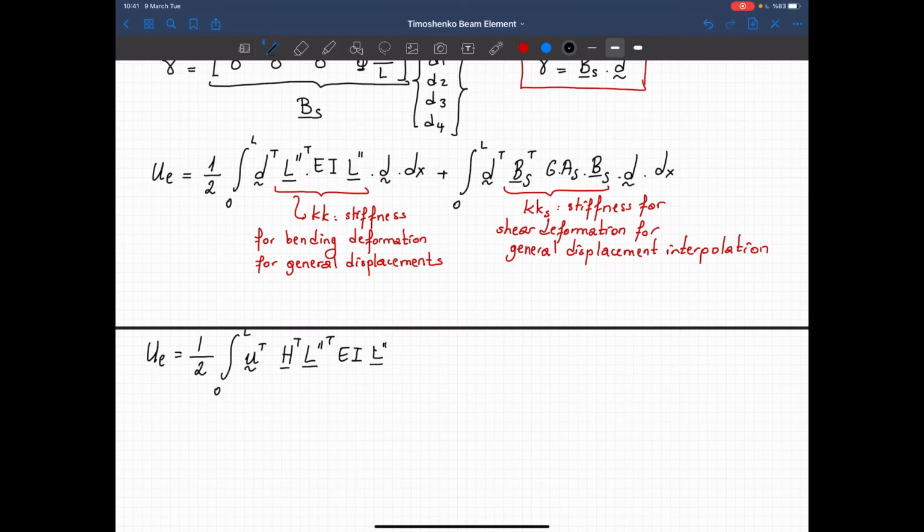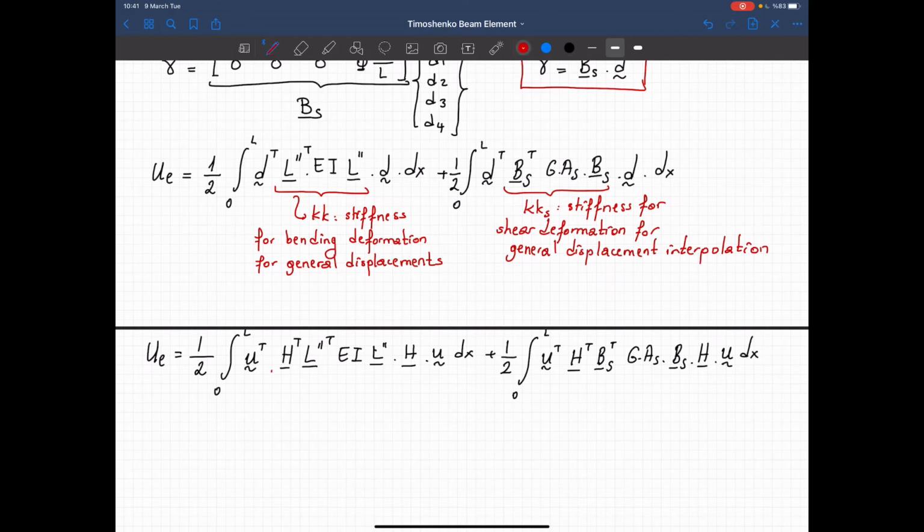Again L double dot multiplied by H times U dx plus, forgot to write 1 over here, 1 over 2 from 0 to L U transpose H transpose Bs transpose G times As times Bs times H times U dx.